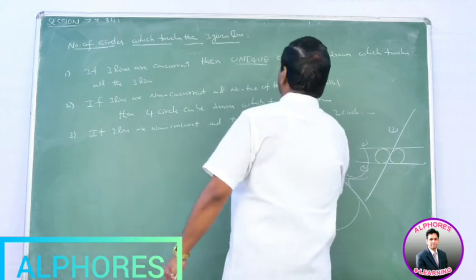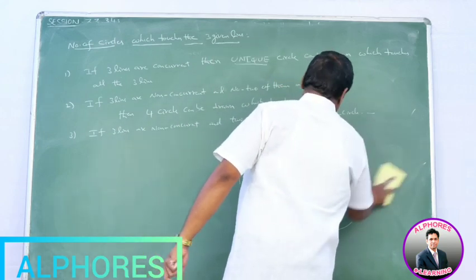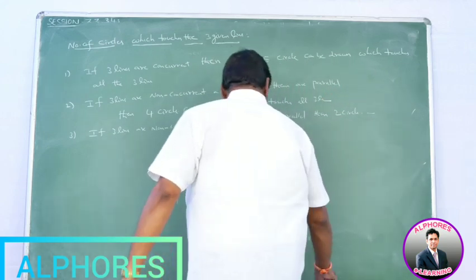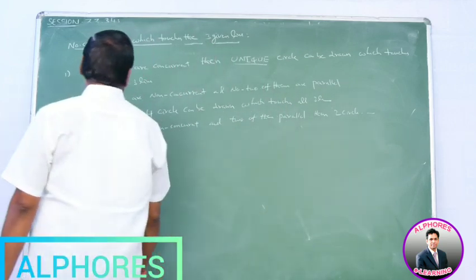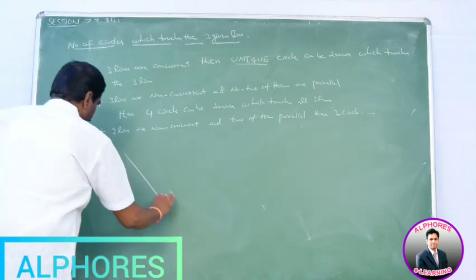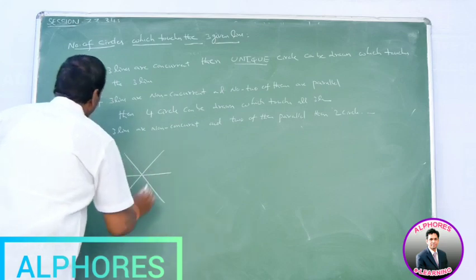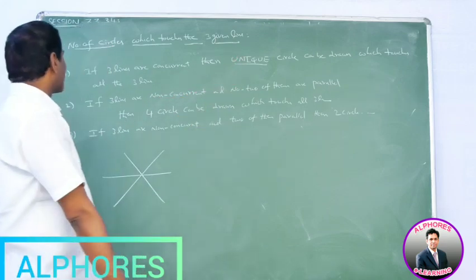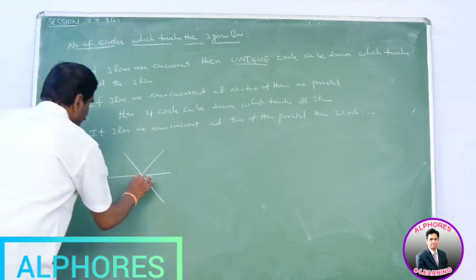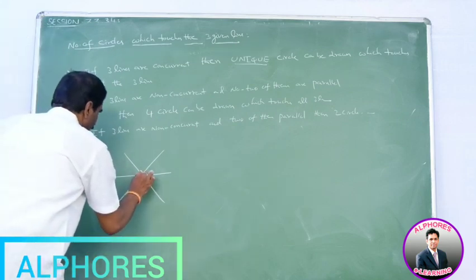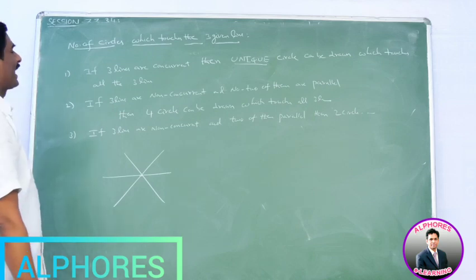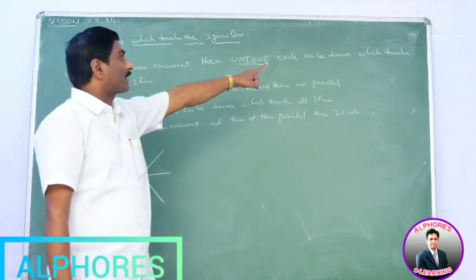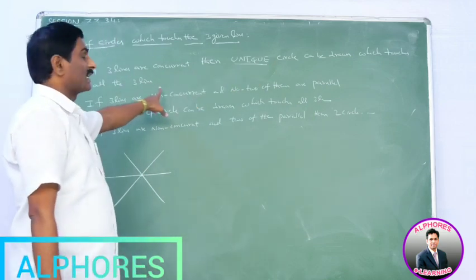Number of circles which touch the given three lines. If three lines are concurrent, then a unique circle can be drawn which touches all the three lines.